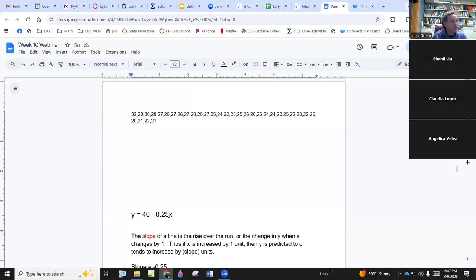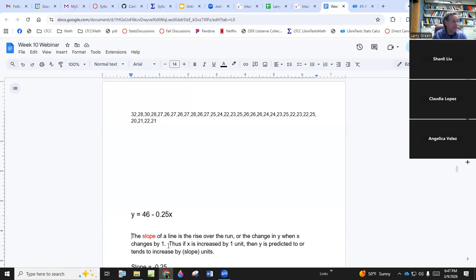Okay, so if you remember, the slope is the number in front of x, including the sign. So it's negative 0.25. Okay, in general, the slope of a line is the rise over the run. Rise over run. Another way we can look at it is the change in y when x changes by 1.